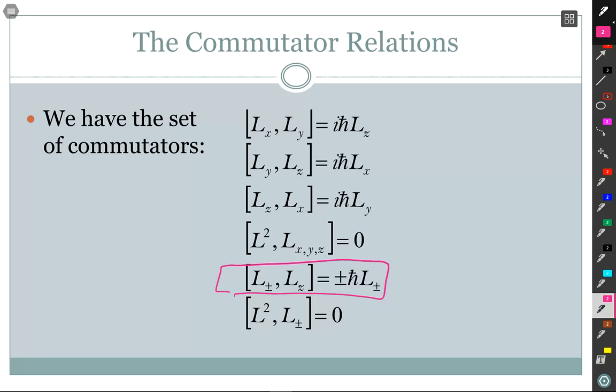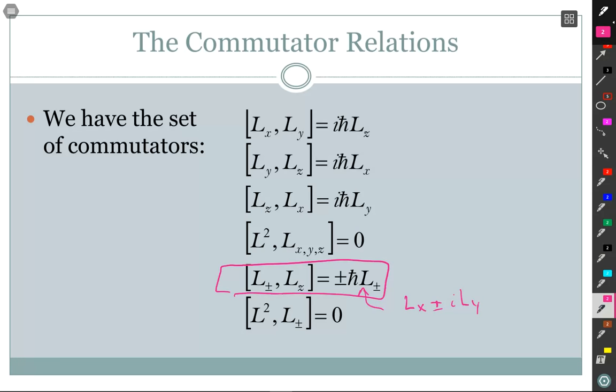The L in that answer just stands for Lx plus i Ly. This L here is L plus or L minus. So it's Lx plus or minus i Ly. If it's the plus, then it's the plus. Minus, that's the minus.